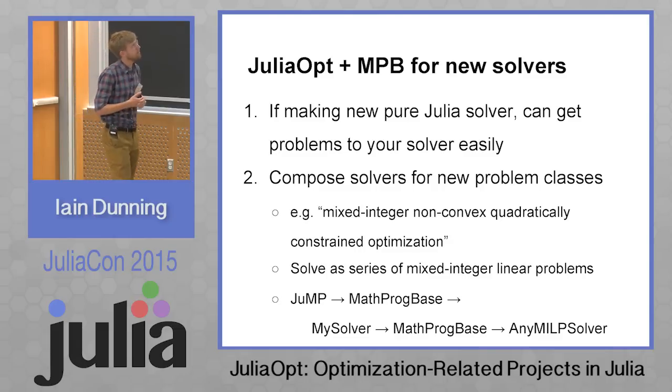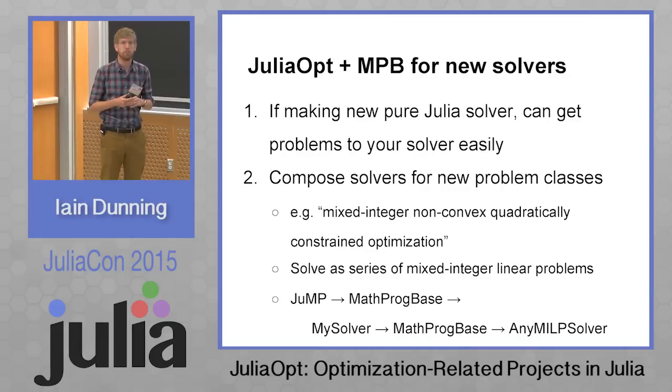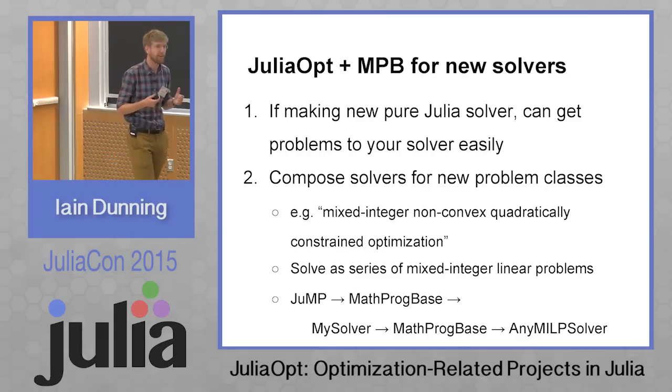One kind of problem that's caught my attention is mixed integer, non-convex, quadratically constrained optimization problems. This is a mouthful, but it occurs a lot when you are blending things. If you're a refinery and you're piping fluids through pipes and into tanks and then mixing, you get a lot of non-convex products of variables.